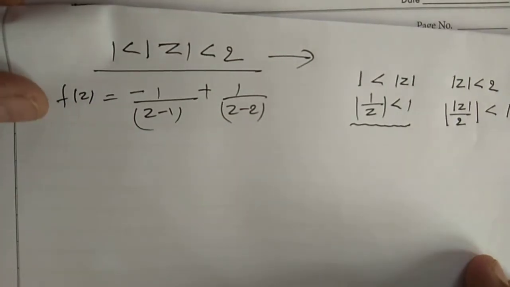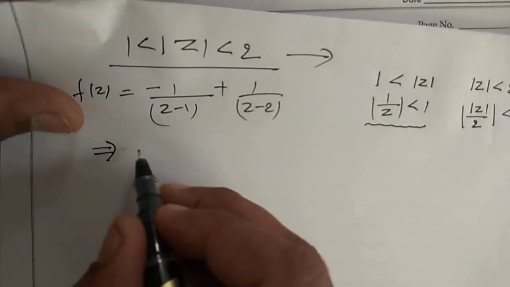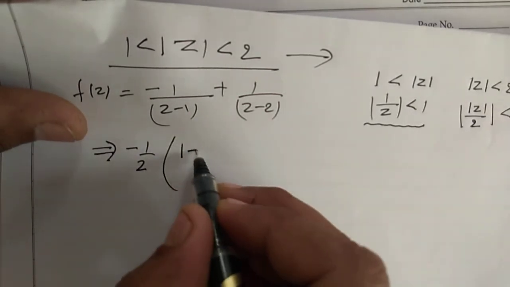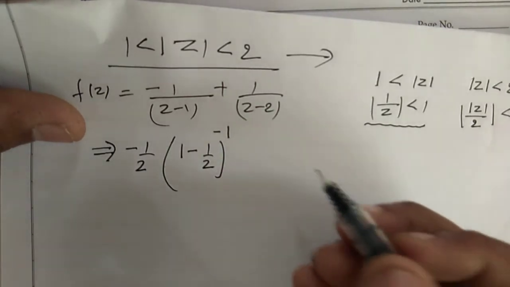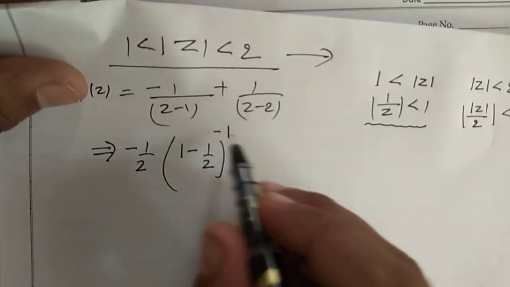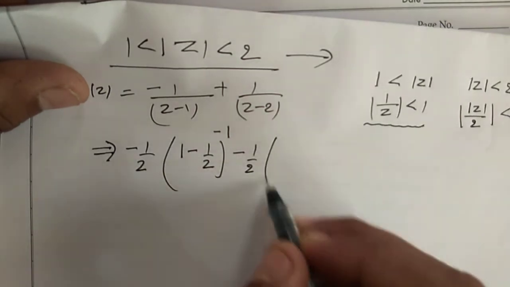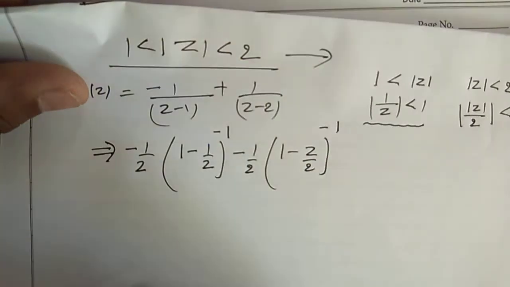Let us see one by one. The first term: taking z common, minus 1/z times (1 - 1/z)^(-1). The second: taking minus 2 common, minus 1/2 times (1 - z/2)^(-1).